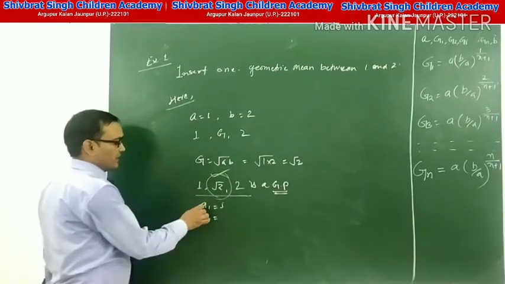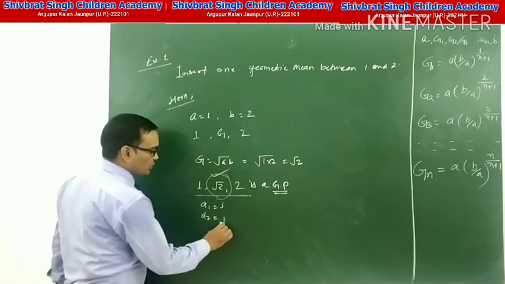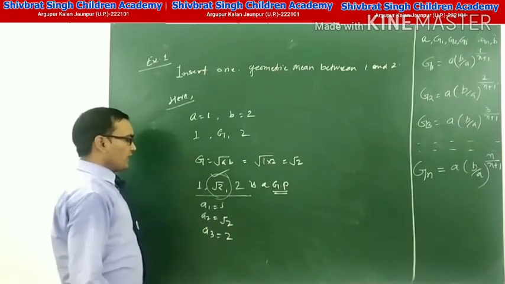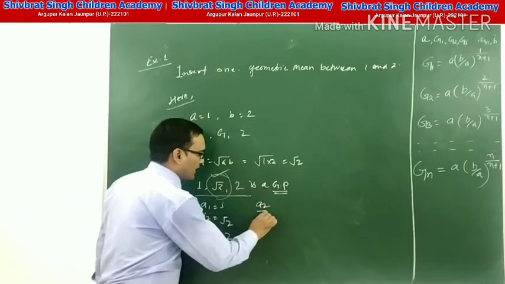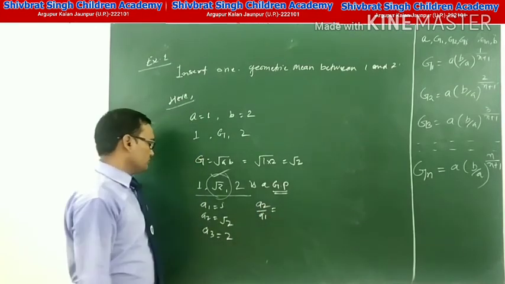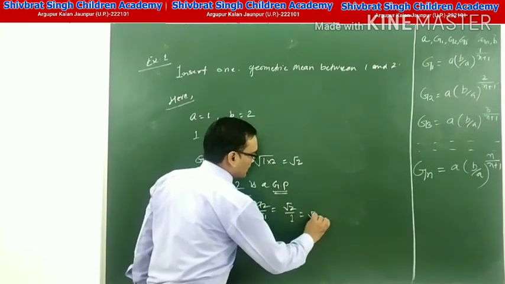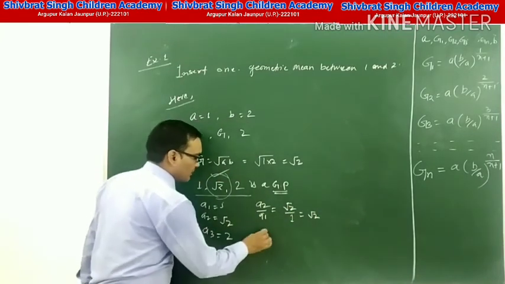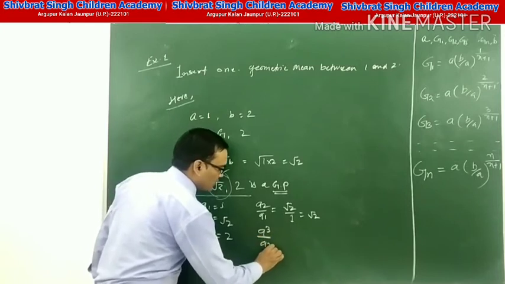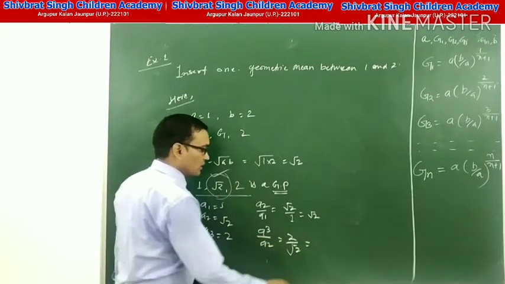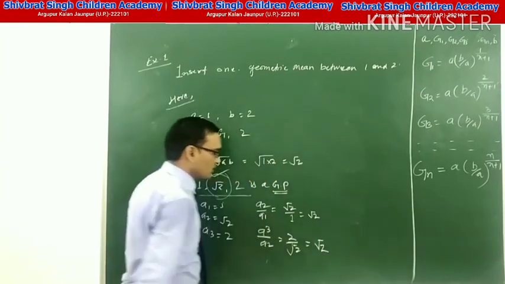Here the first term a1 equals 1, a2 equals root 2 and a3 equals 2. The value of a2 upon a1 equals square root 2 upon 1, that means square root 2. And the value of a3 upon a2 equals 2 upon square root 2, which is equal to square root 2.